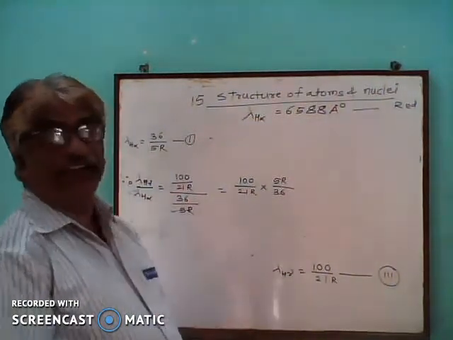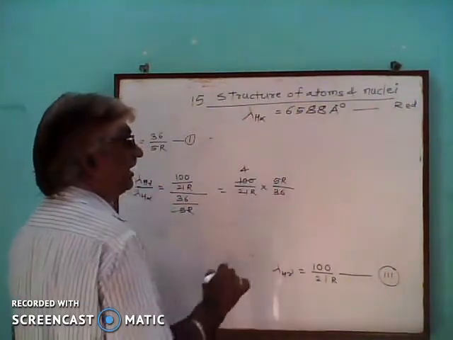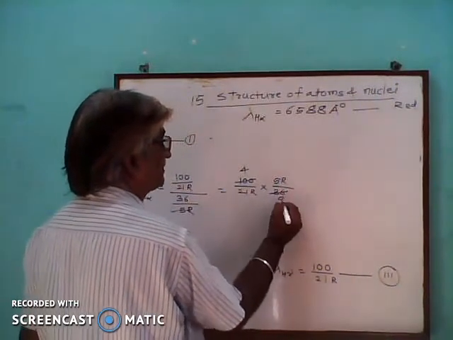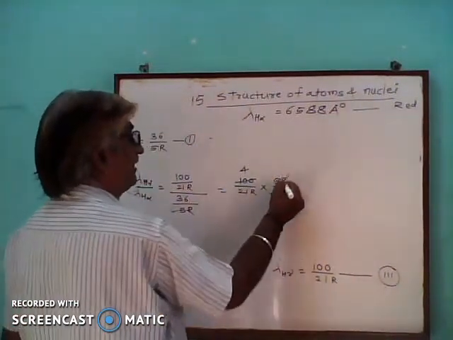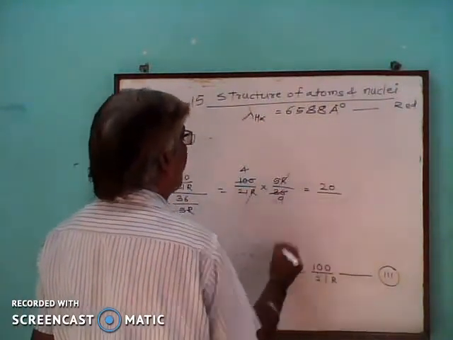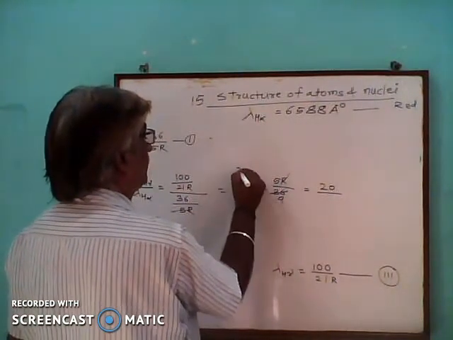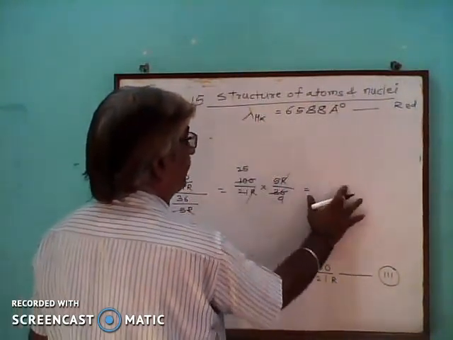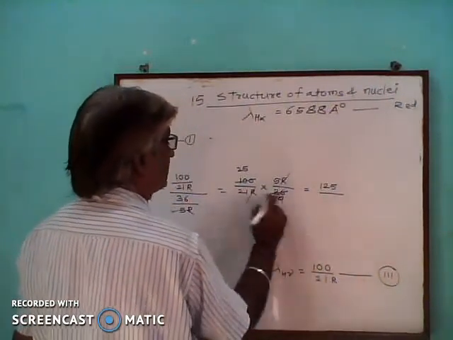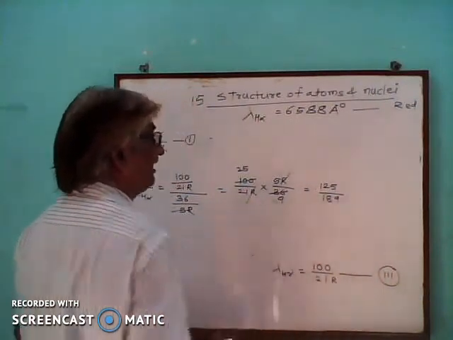If we divide 25 into 4, that will be 100, and 9 into 4 will be 36. Here R gets cancelled, so it will be 125 upon 189.